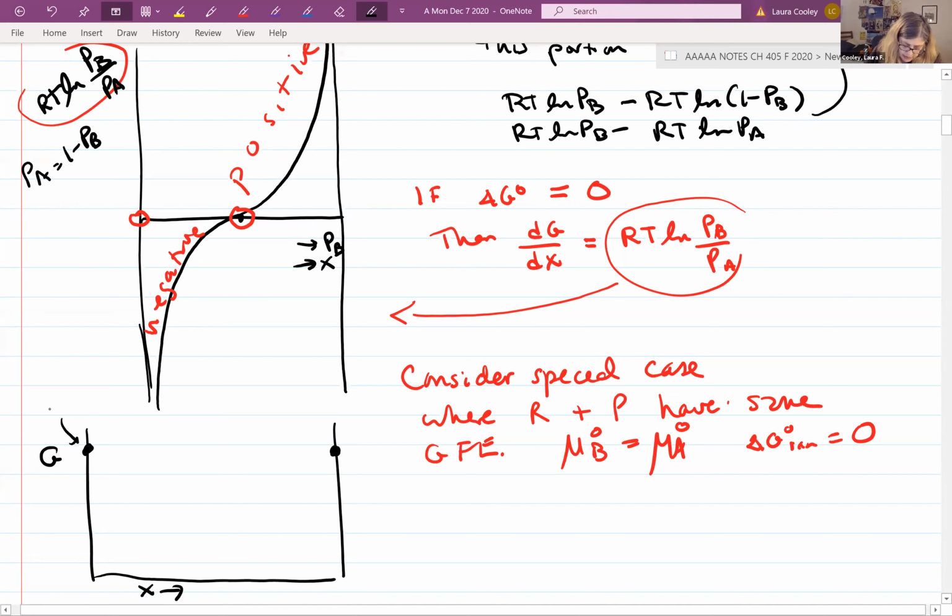So I might label this as mu 0A and mu 0B, okay? And now I know that at small values of X, like right here, I'm going to have an extremely negative slope. And that as this X increases, that slope gets less and less.